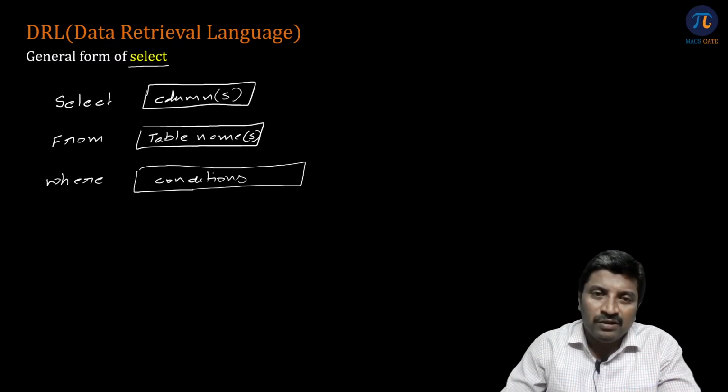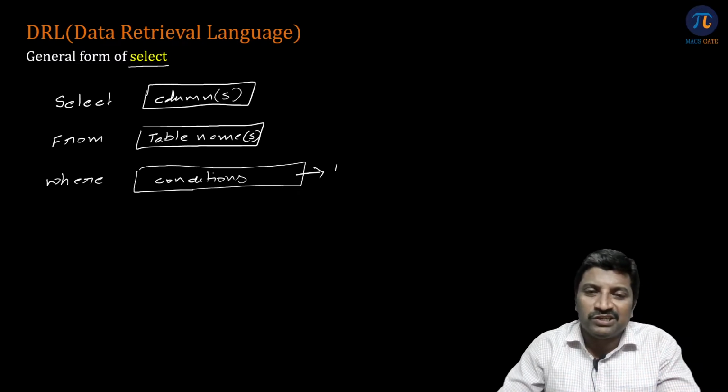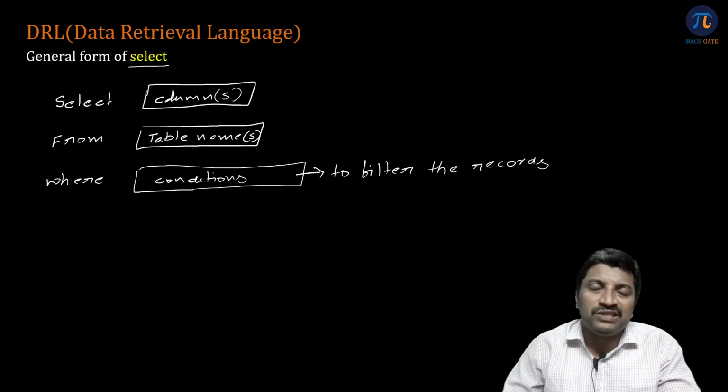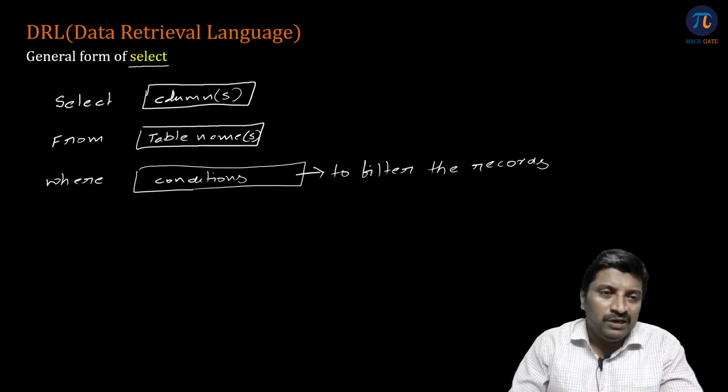Why do we need to impose these conditions, sir? Mainly to filter the records or to select our particular records. This is the general or basic form.